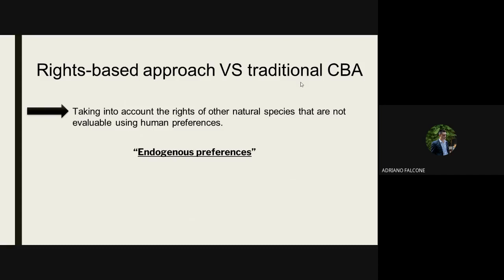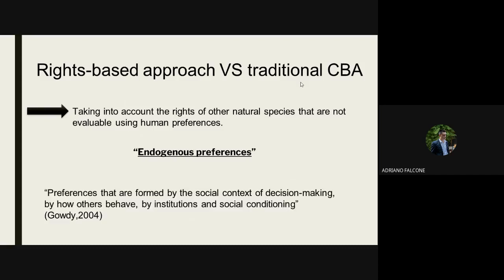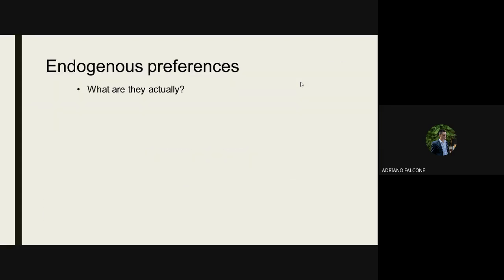And this concept, the rights-based approach, is strictly linked to the endogenous preferences, a concept that has been defined by Gowdy in 2004 as the preferences that are formed by the social context of decision-making, by how others behave, by institutions and social conditions and conditioning. So it's natural to ask ourselves what they actually are and what are the most relevant endogenous preferences for environmental evaluation.